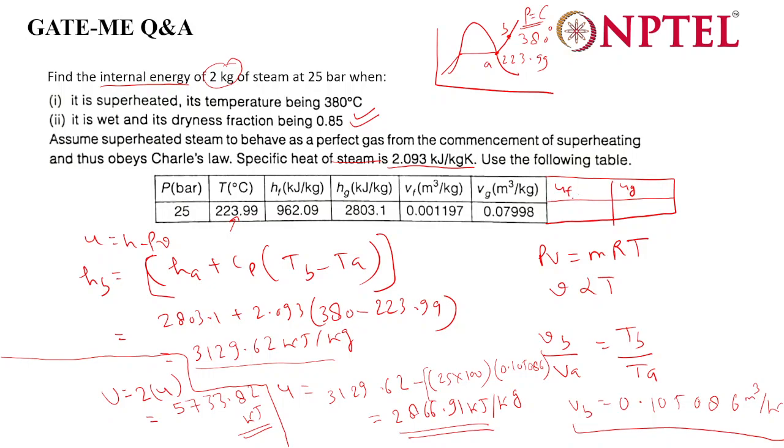What will be the UF? HF minus P, we know, and the volume we know, right? So something would be coming here and something here, and simply do this.